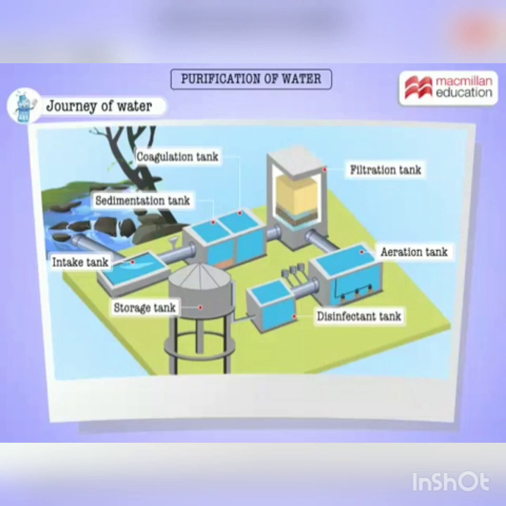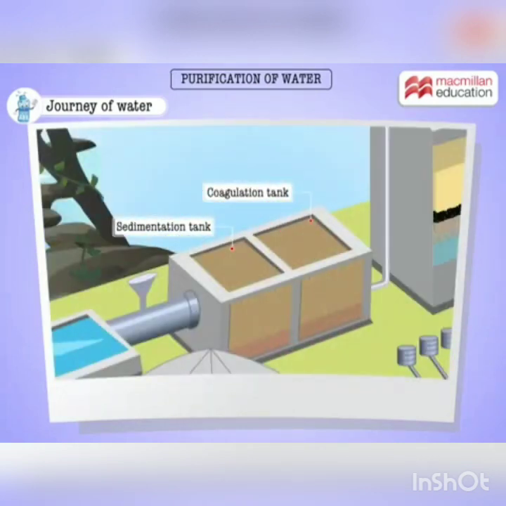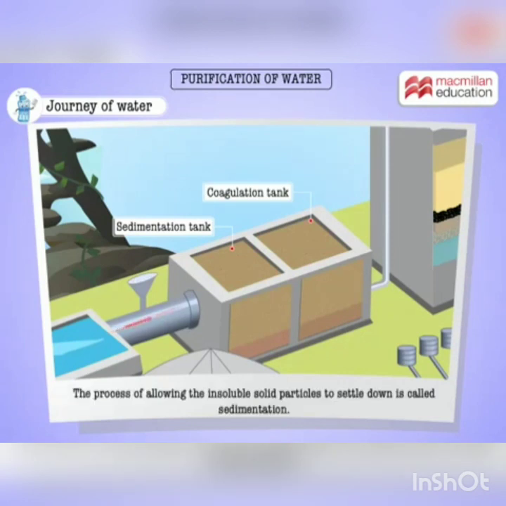Here is a simplified diagram of a water treatment plant. Fresh water from the rivers and lakes is taken through pipes to large water treatment plants for purification. In the first stage of purification, water is pumped and stored in large sedimentation tanks.